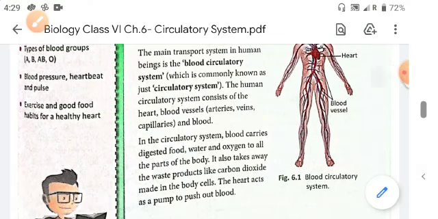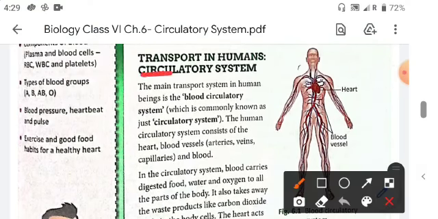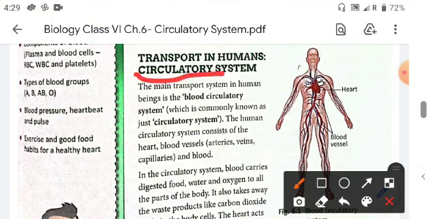So here, transport system in human beings. Here transport in humans means the human circulatory system. The main transport system in human beings is called the blood circulatory system. It is commonly known as the circulatory system.